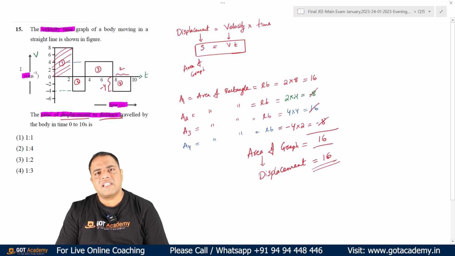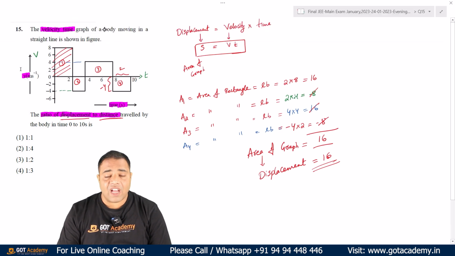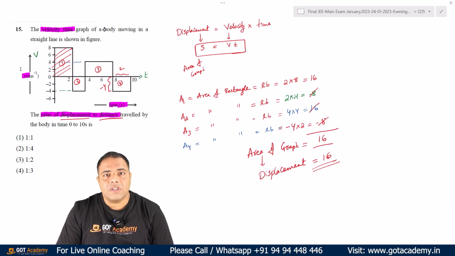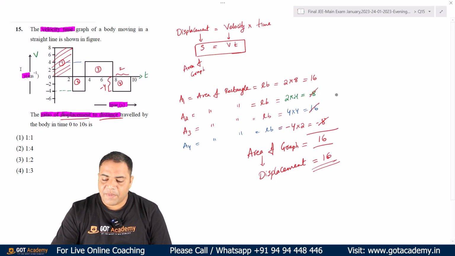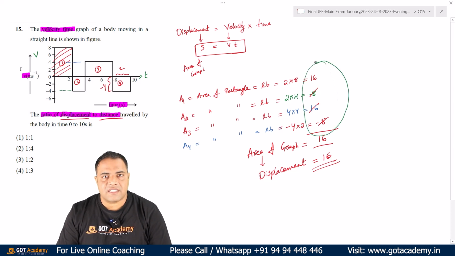It means the distance is a scalar. So scalar means only positive. Whatever values I got previously, I consider the same values, but since it is a scalar, only magnitude, no direction.